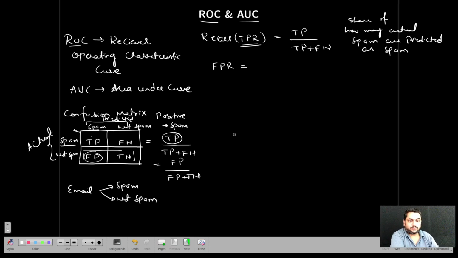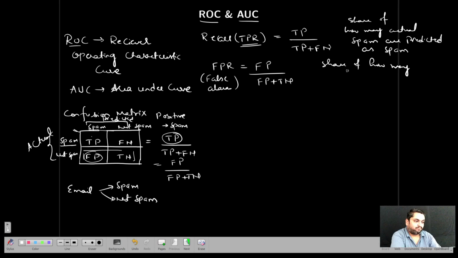So that is true positive divided by true positive plus false negative. Similarly, false positive rate, also called the false alarm rate, is false positive divided by false positive plus true negative. This gives the share or probability of how many not spam are predicted as spam.